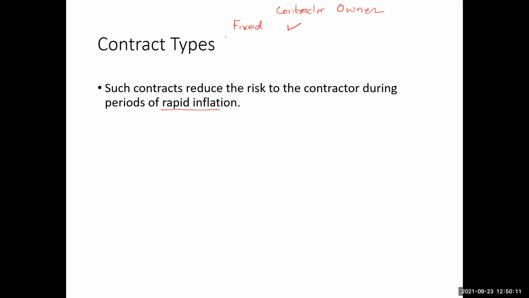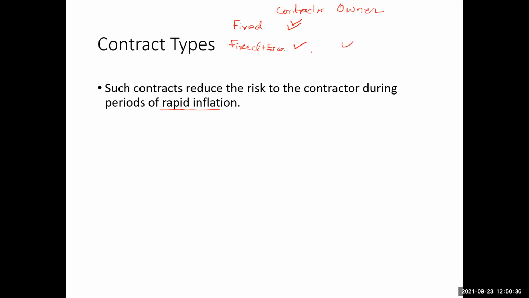However, if this is fixed price with escalation, so maybe some of the risk also transfers to the owner. For example, if the risk level is represented in the fixed price contract with a double arrow, then some of the risks transfer to the owner as well.